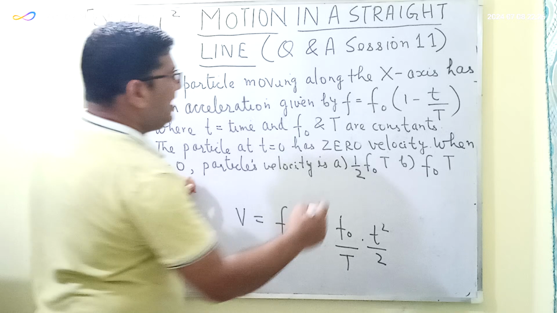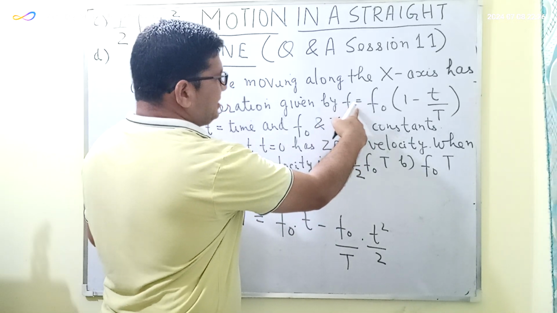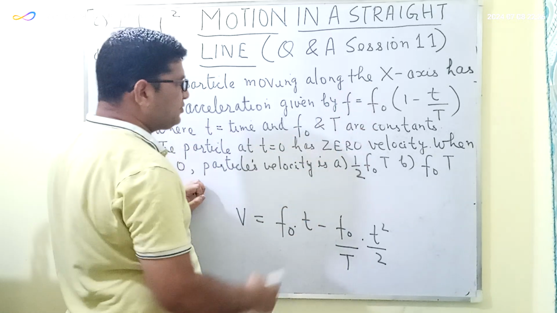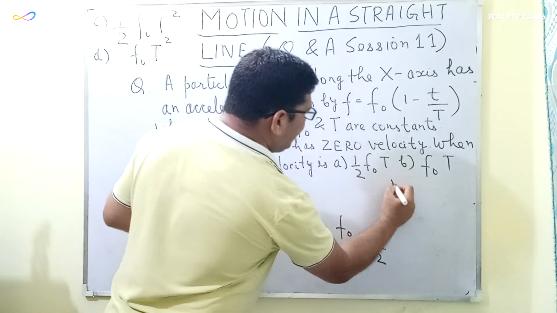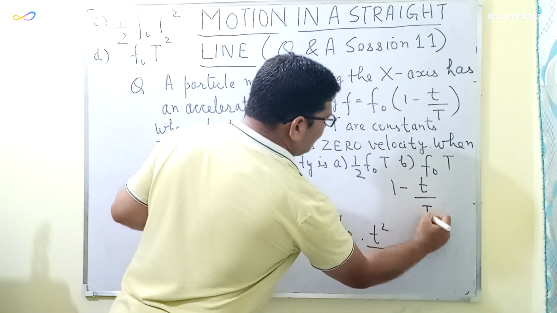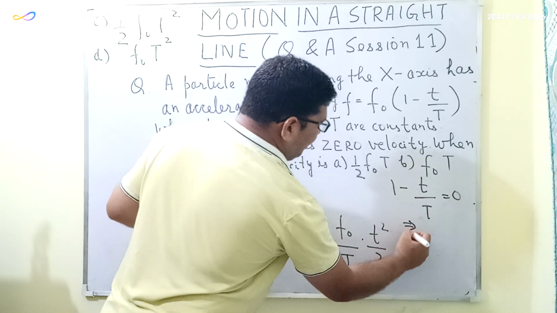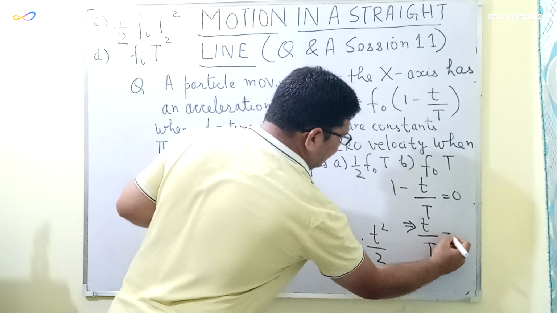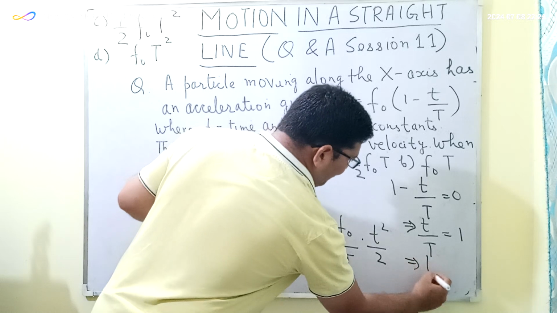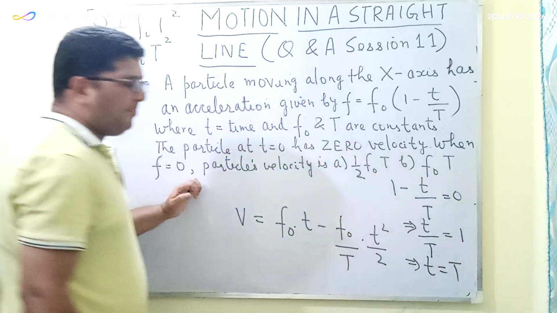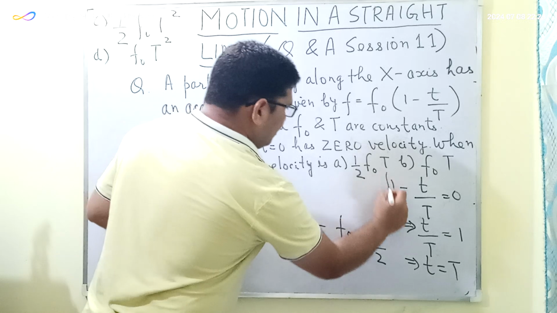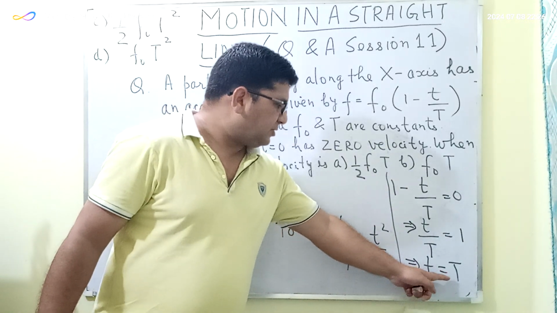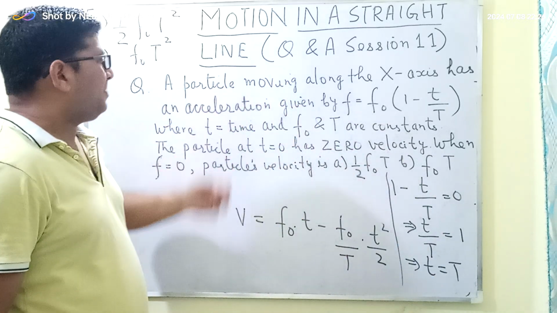Here we have been given that the acceleration of the particle is equal to f naught into bracket 1 minus small t upon capital T. So if f is equal to 0 here, then I will be getting that 1 minus small t upon capital T will be equal to 0, or it implies that small t upon capital T is equal to 1, or it implies that small t is equal to capital T. So we have got the value of small t, which is equal to capital T, when the acceleration of this particle is 0.